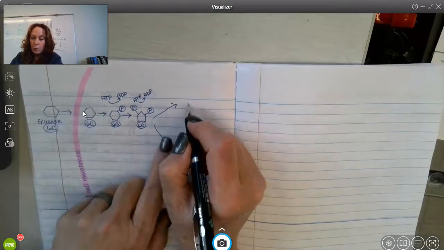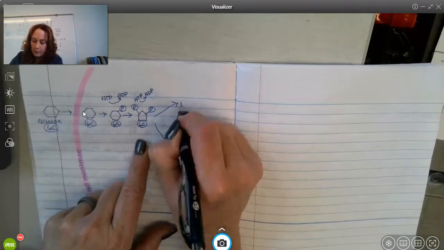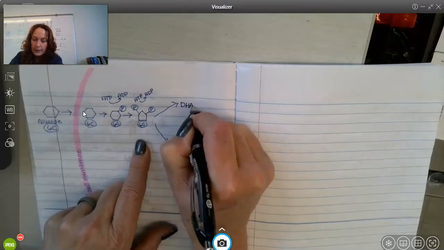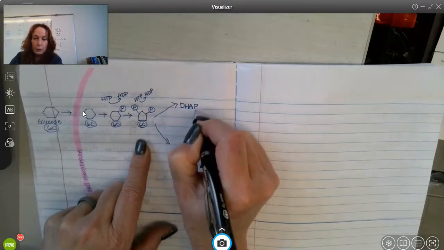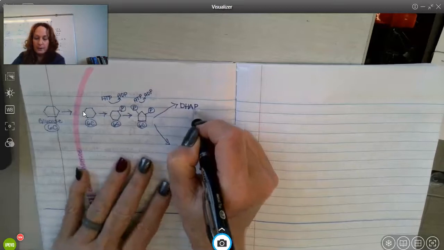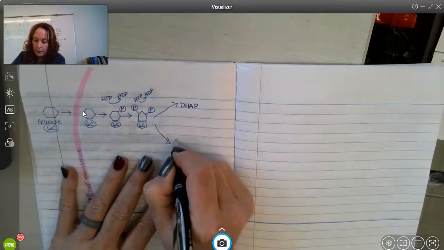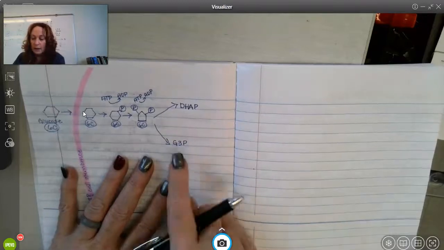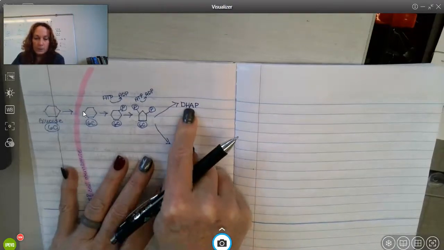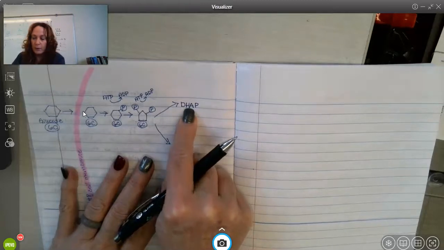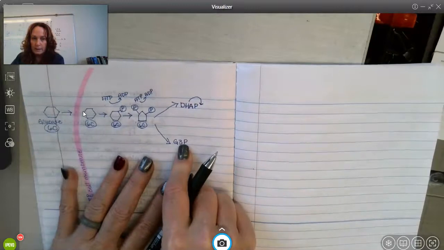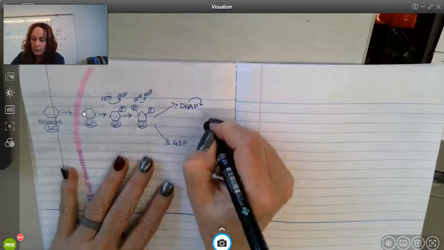The name of one of them, I don't know these names as far as just what they are, but it's going to be a 3-carbon molecule that's the isomer of another 3-carbon molecule. And as weird as it is, this one is usable, this one is not. So this one then gets converted into this isomer of itself.